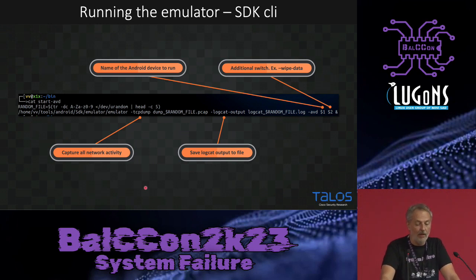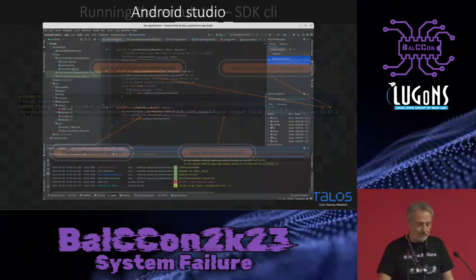There's also an option to run tcpdump on all the network data and create pcap files. We pipe the logcat output into a file so we can go back to it when we analyze something, and eventually just give the name of the Android virtual device. So it's relatively easy to do.